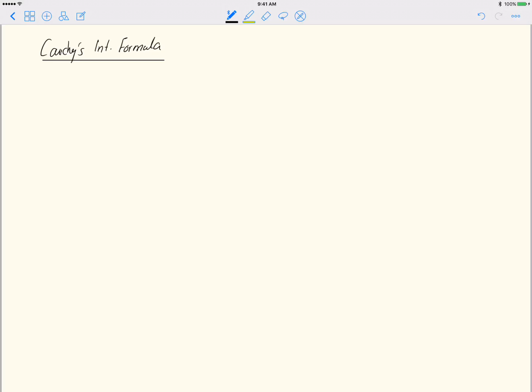Okay, so what does this result say? The idea is, let's say you have a closed contour C. So let's say you have some random closed contour, something like this, being traversed in the anti-clockwise direction.